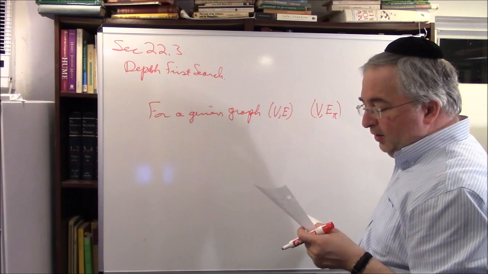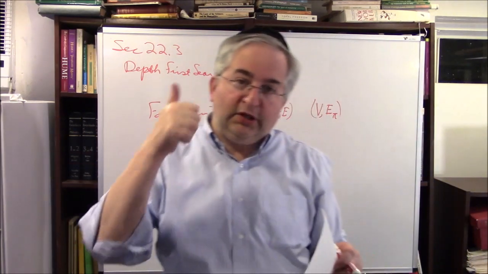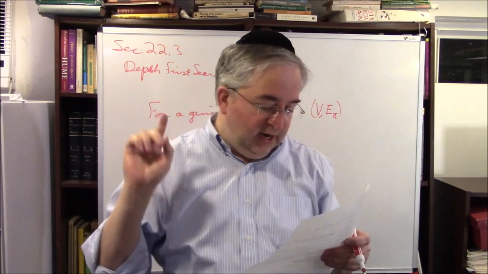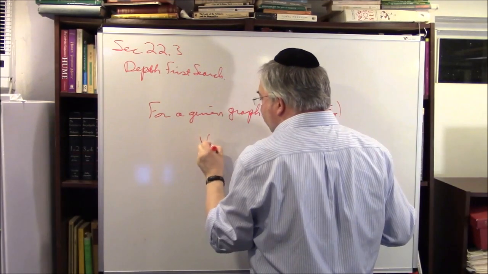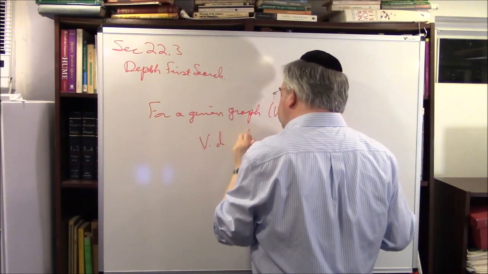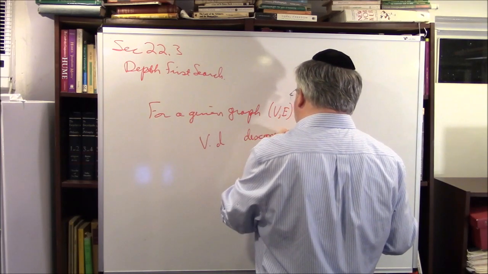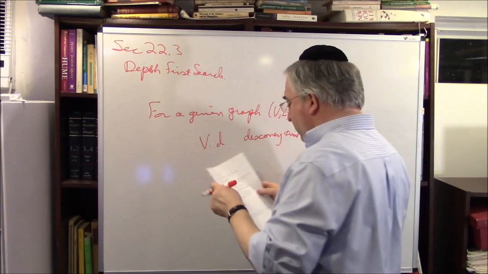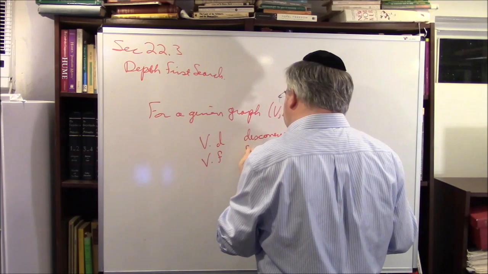Now, for breadth first search, we stored the color, the distance, and the parent. Here we store something else. For every single node we have v.d, which is the discovery time. When did the algorithm discover it? And v.f, which is the final time.